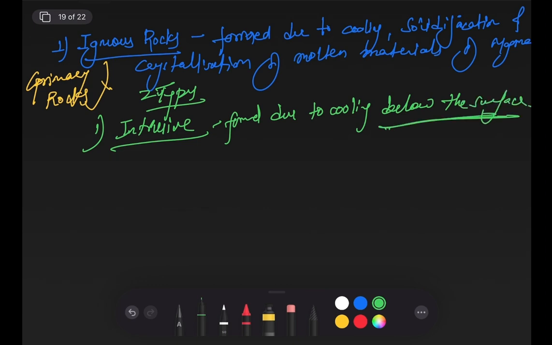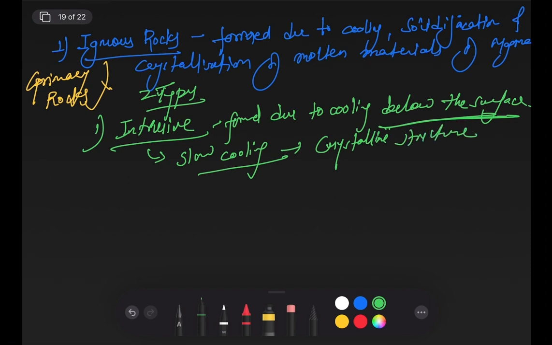As the magma cools below the surface, it cools slowly. This slow cooling of magma results in a crystalline structure of rock. These rocks have higher strength than extrusive rocks.